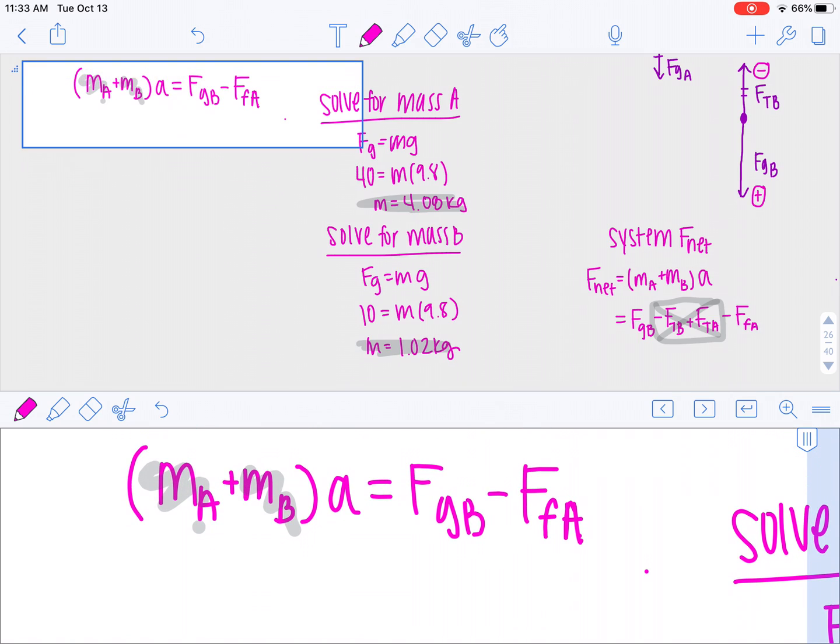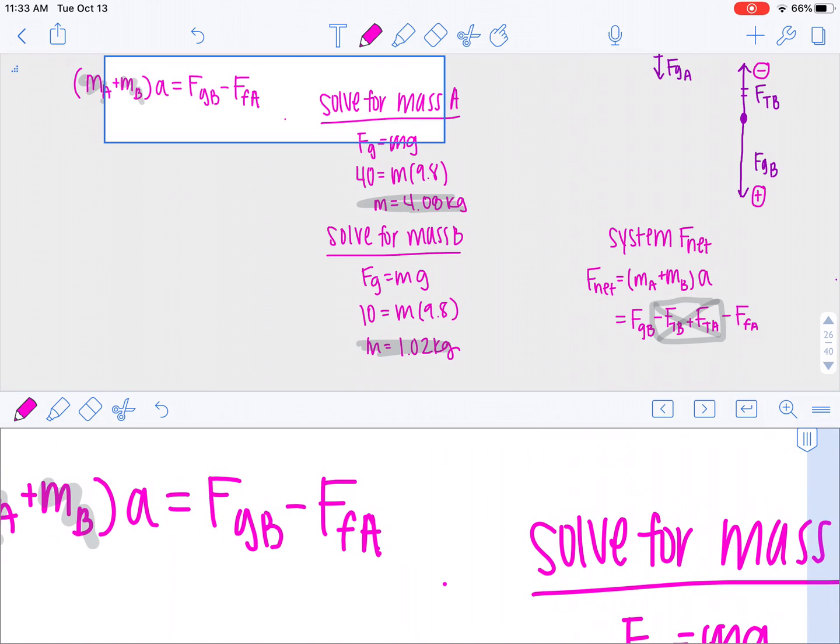So that's brought me 2 of the variables, but I need to identify what FGB is, and I need to identify what the force of friction is to be able to solve for acceleration. So how can I find or calculate FGB?